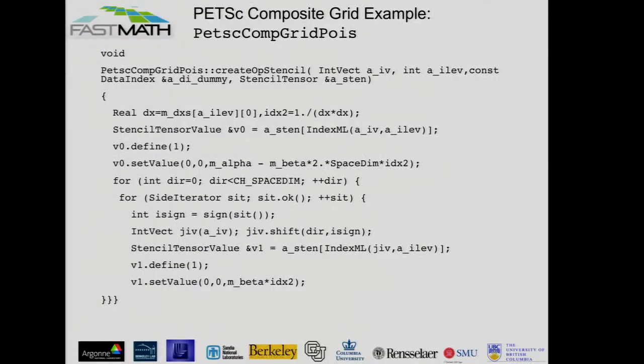It gives you the sign, and then you have these objects for cells that you can shift by the sign, so now you can get your neighbor and put in a stencil value. This is basically just the -1 you get in a 5 or 7-point stencil. It's a simple Laplacian stencil that you've seen many times, and this is what it looks like in Chombo land.